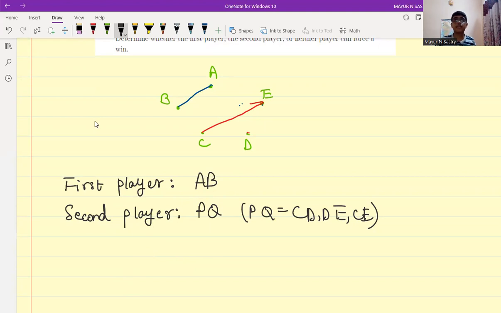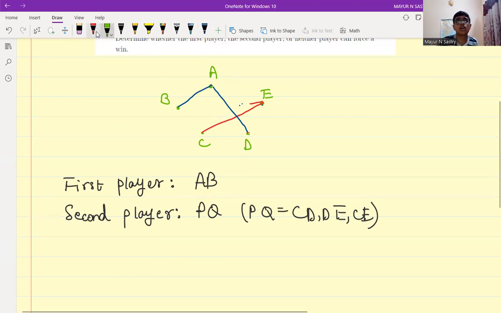So recall what we did. What we did here was to join AD, right? That's what we did when we tried to win the game. So if the second player had joined CD, then in fact you could see that I would join AE.